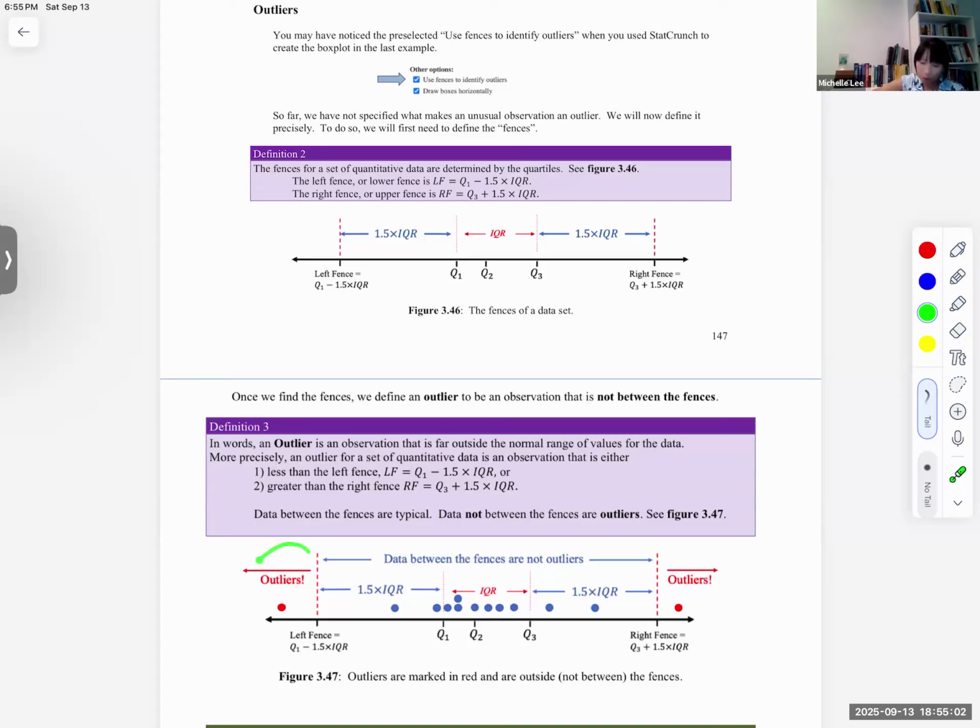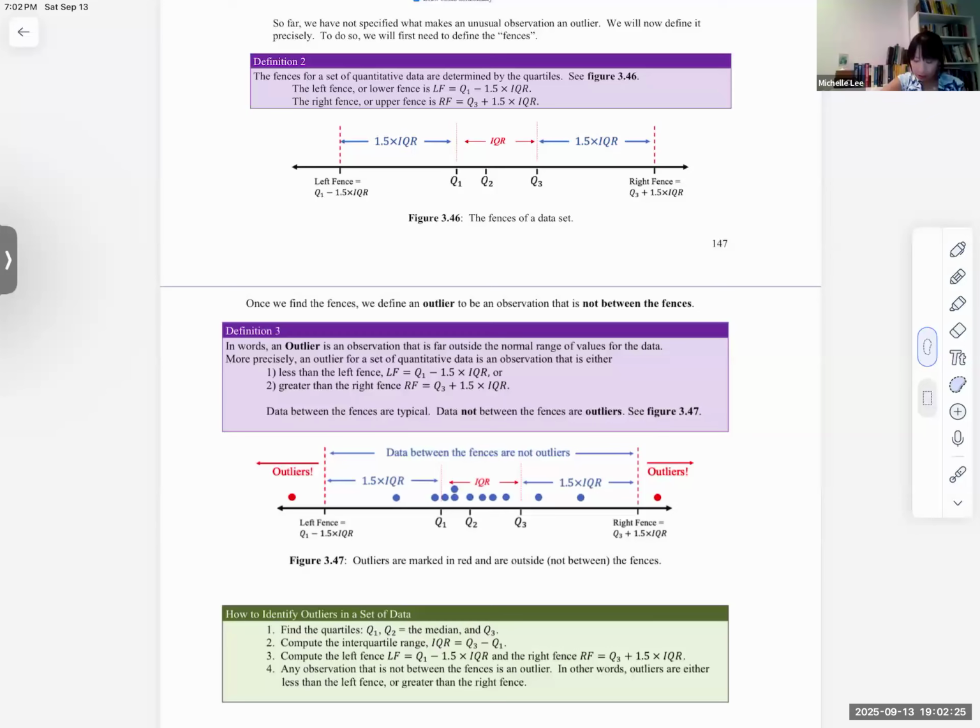So we say that a data value is an outlier if it is below the lower fence or more than the upper fence, then we say that is an outlier, okay?